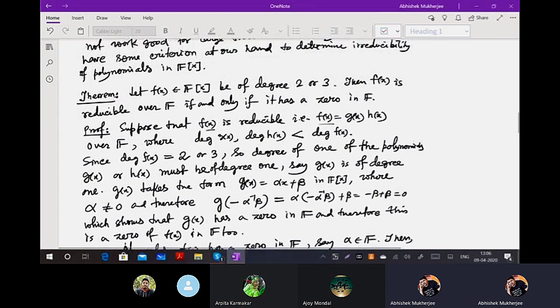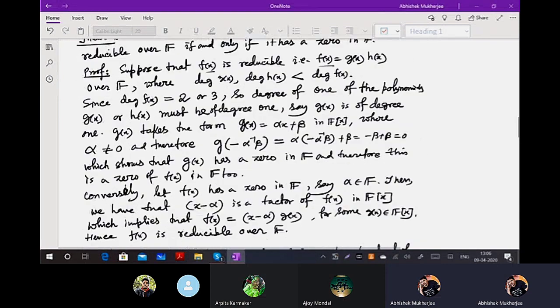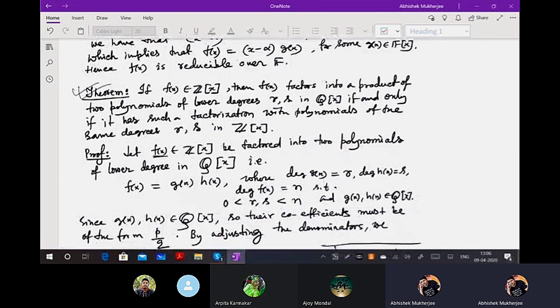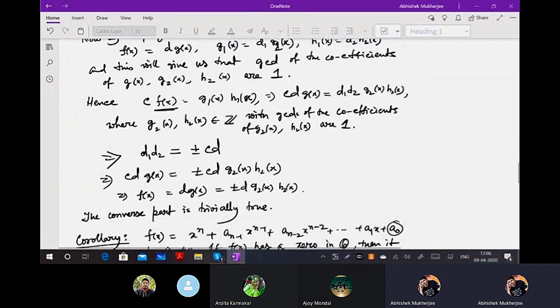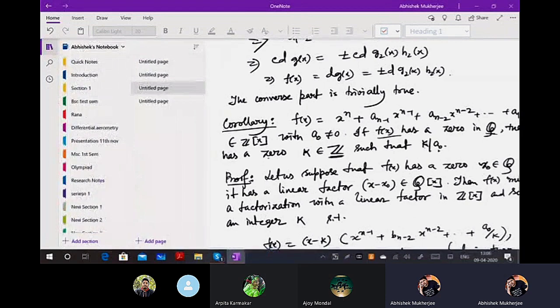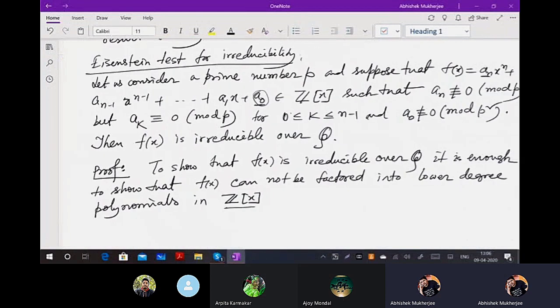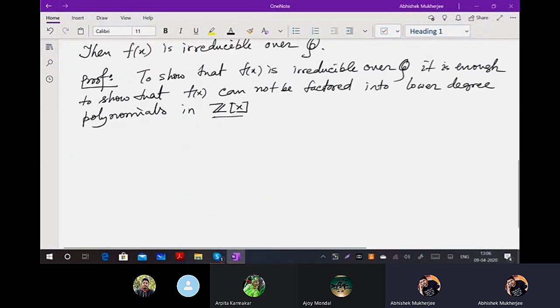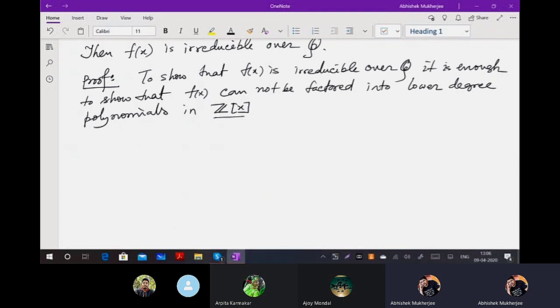And also this theorem. So let us check whether this can be factored or not into lower degree polynomials in Z[x].